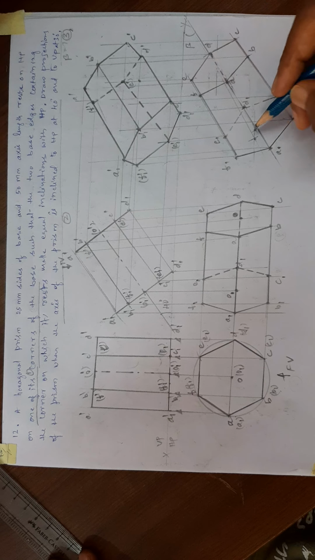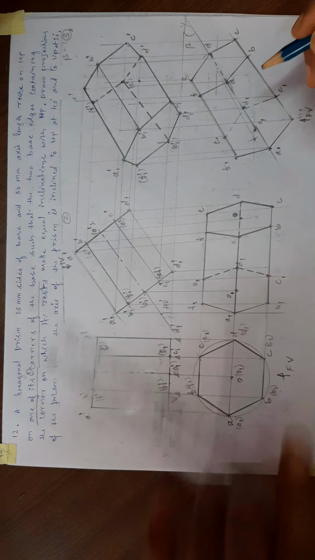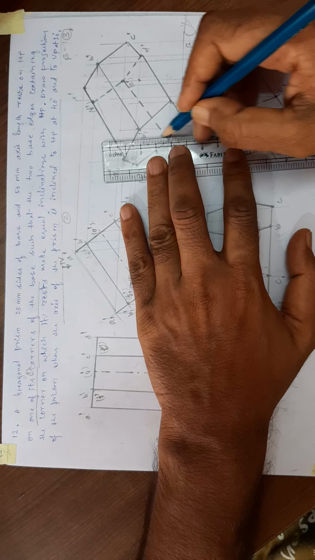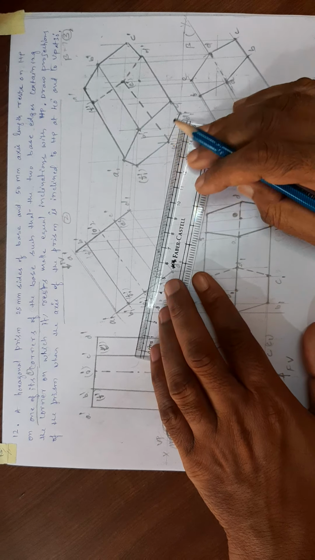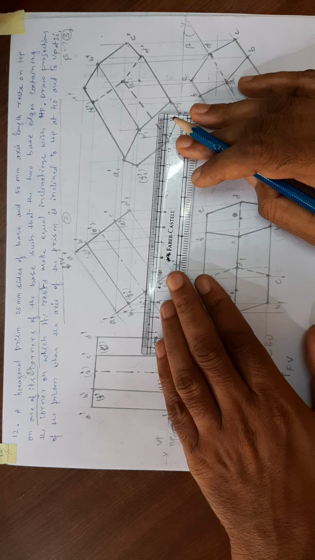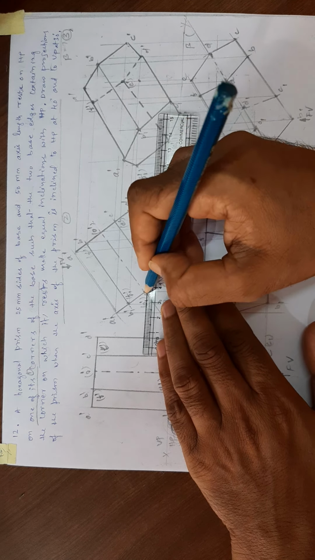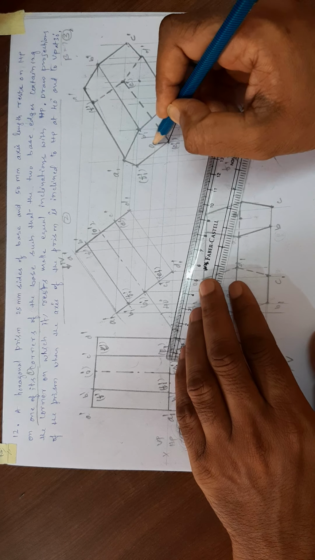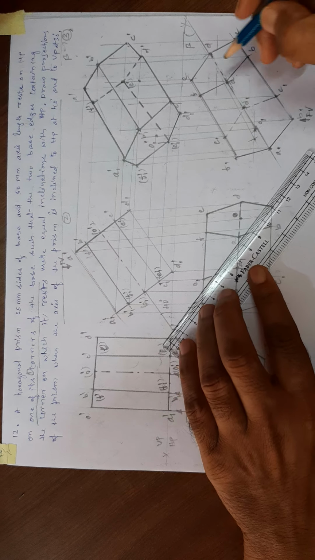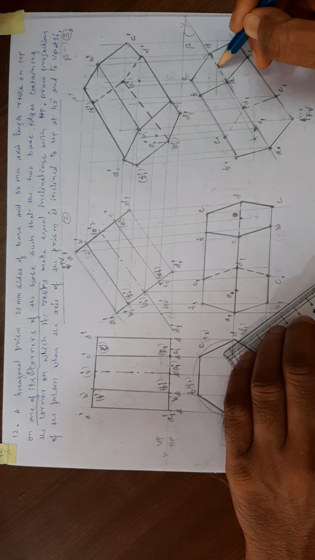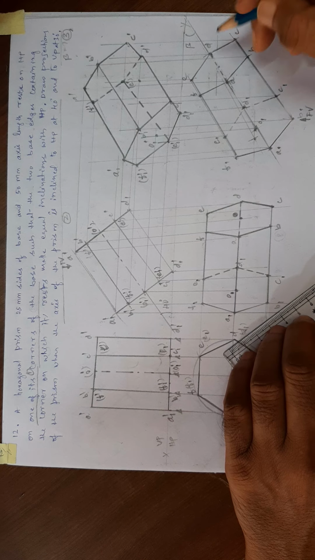Next, finally we have to draw the axis. So the axis is here, O1. So horizontal projector line from the O1 dash. Now see, this is O1 dash. Similarly, this is O. Where is O? O1 here.